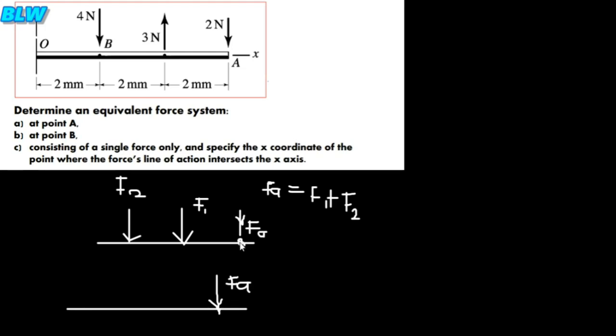Let me say it again: the moment of force 2 and F1, the moment of these two forces, will be equal to the moment of FA about this point. If I find the moment for F2 with respect to this point, then the moment for F1 from this point, the sum of these two moments will be equal to the moment produced by this force A.